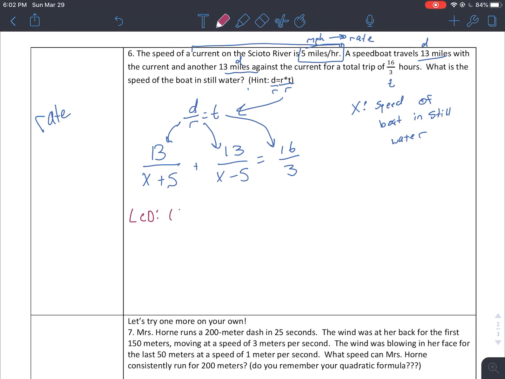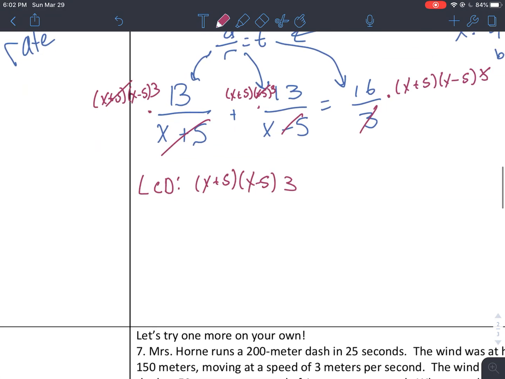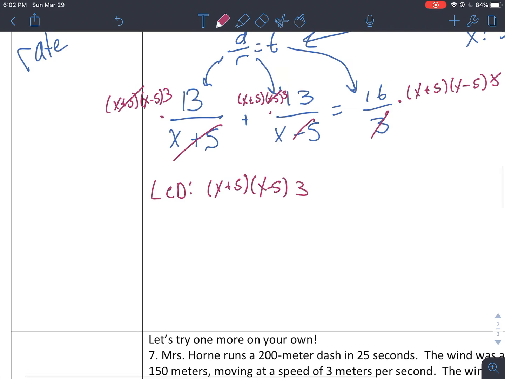So then we go least common denominator. We have x plus 5, we have x minus 5, and we have a 3. So then we multiply all of these things by that. Cancel out what cancels, so x plus, x minus, and then the 3. So then we multiply through.